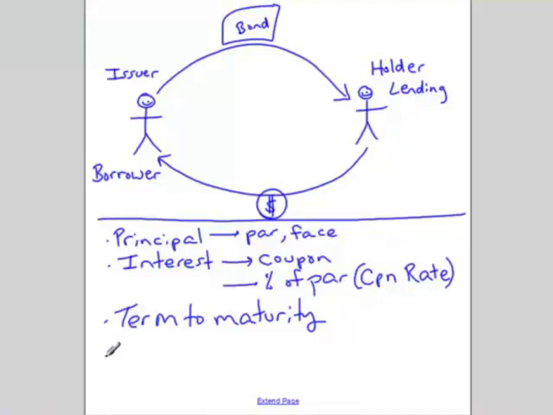We also need to specify here the bond indenture. The bond indenture is the contract between the issuer and the bondholder, and it would include promises of the issuer and rights of the bondholder.